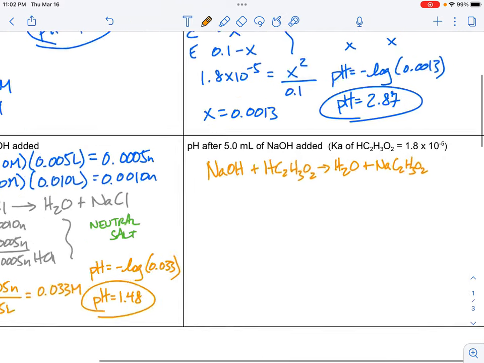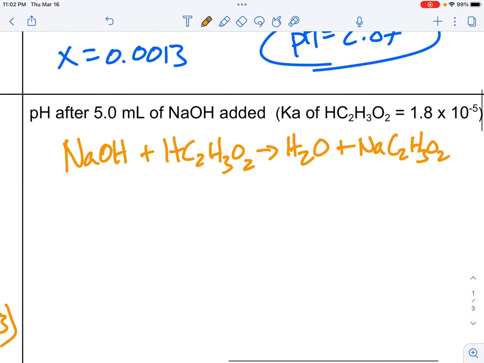All right. So when we think about our moles, we had 0.0005 moles of NaOH, we had 0.0010 moles of our acid, and our base is the smaller amount, so that's going to get completely used up.